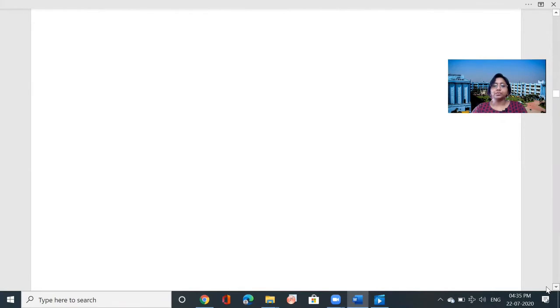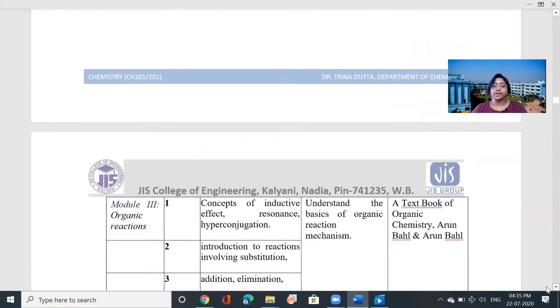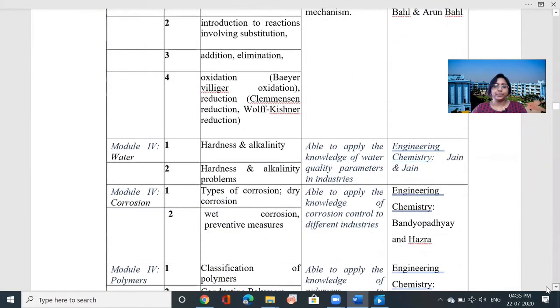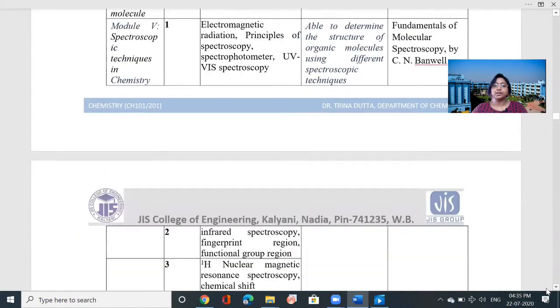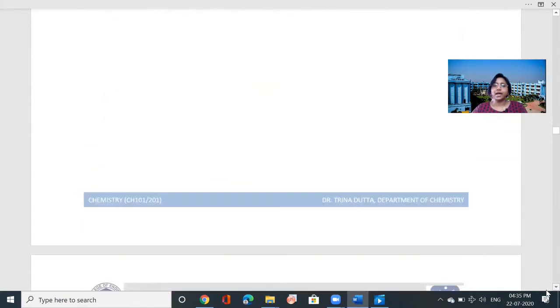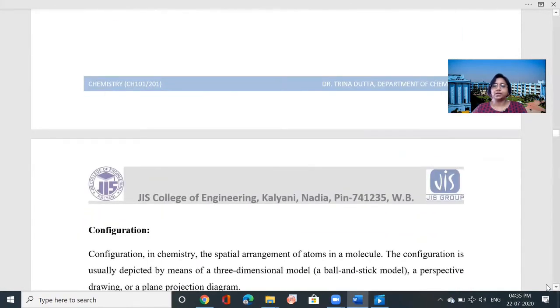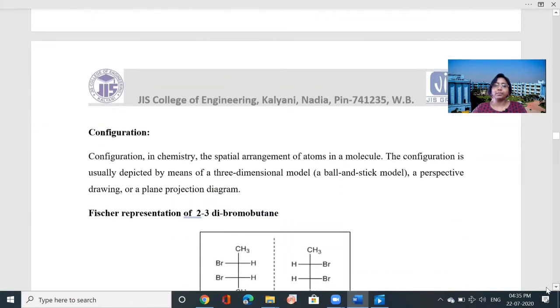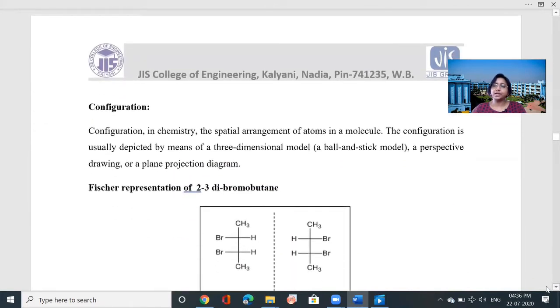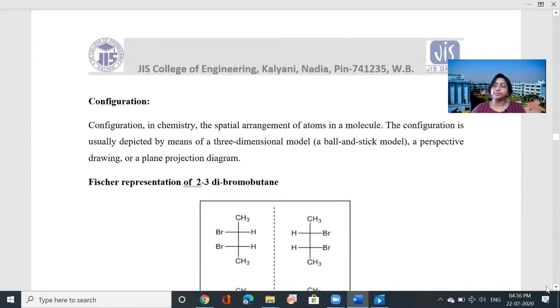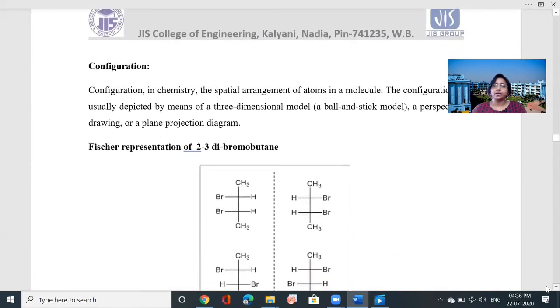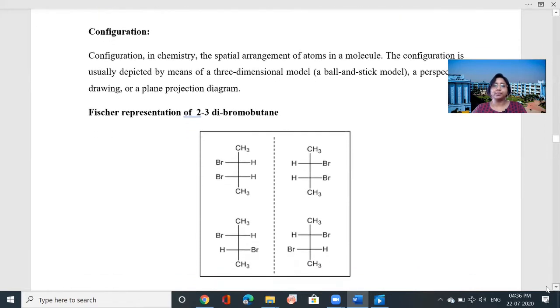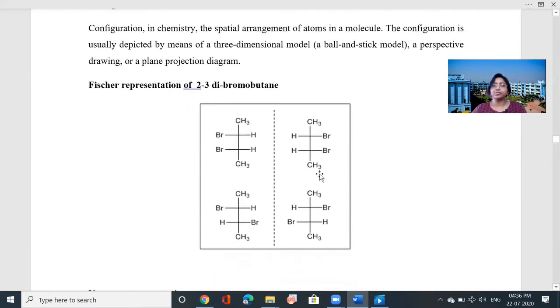Now, first, can you remember what 3-dimensional representations you have learned? One is the Fisher representation.